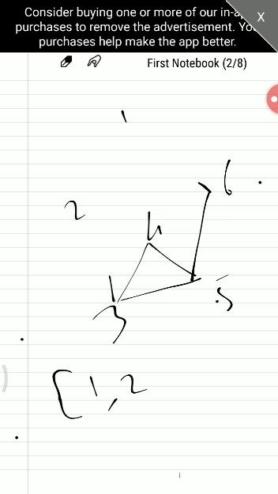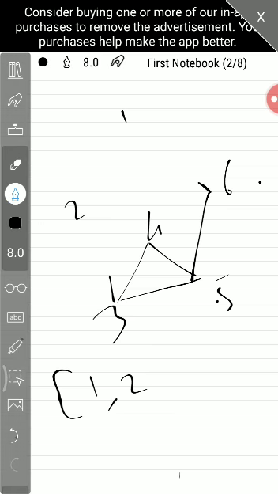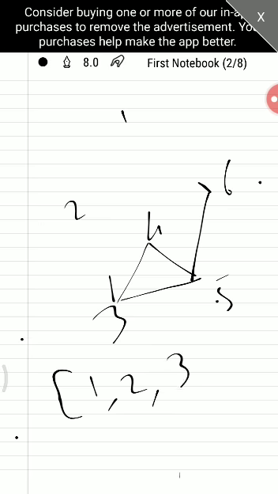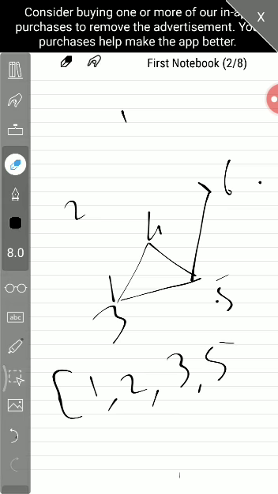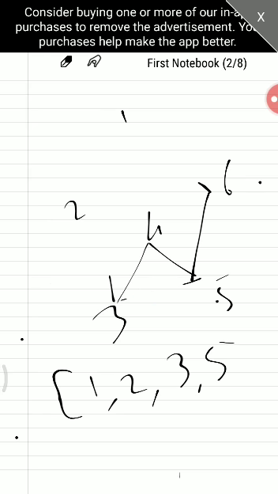Then next we are considering 3 and 5, and we are removing all the edges incident on 3 and 5. See, this is an edge incident on 3, this is incident on 5, and this is incident on 6.